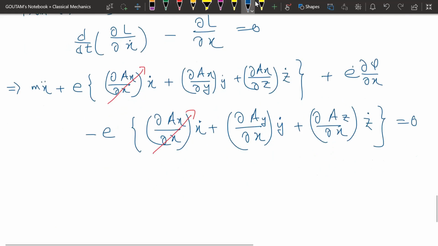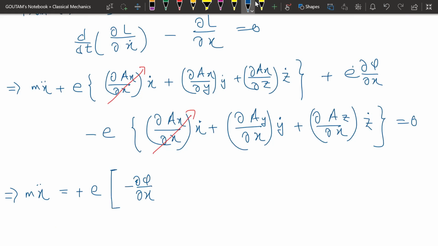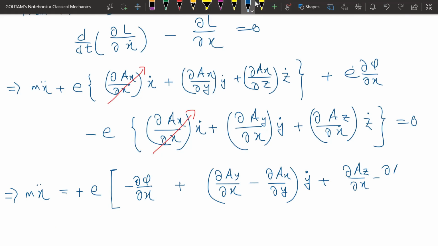Let's see what we are left with: m x double dot equals E times (minus del phi del x plus (del Ay del x minus del Ax del y) y dot plus (del Az del x minus del Ax del z) z dot).